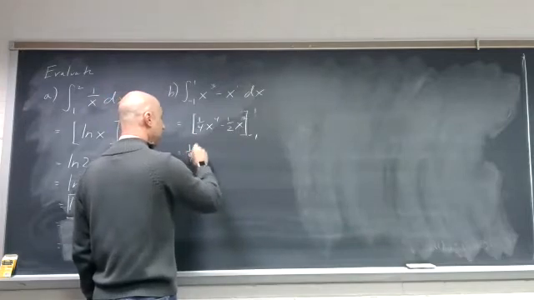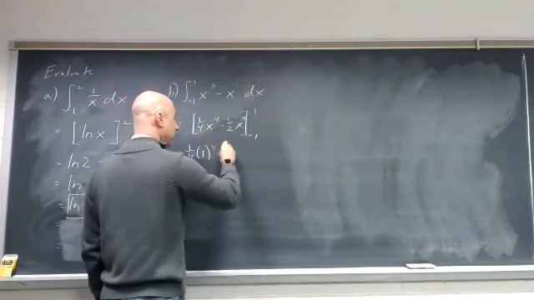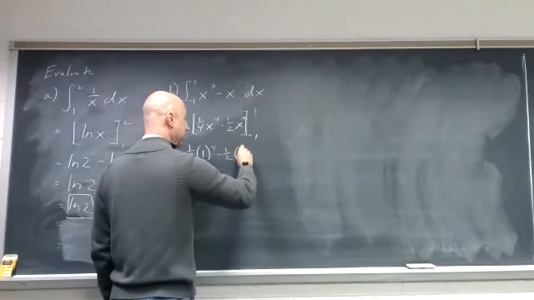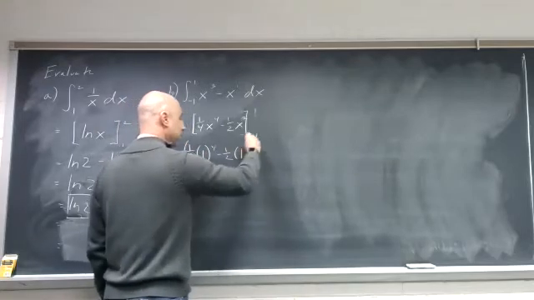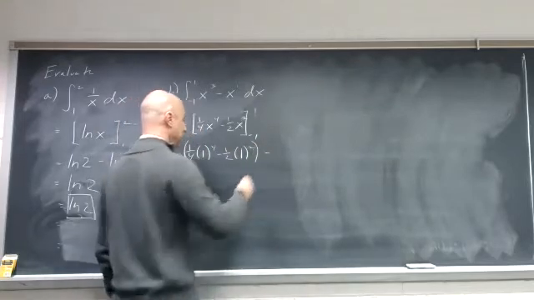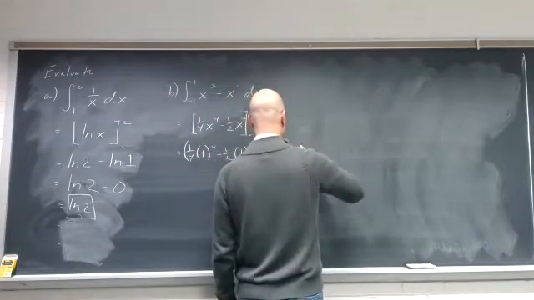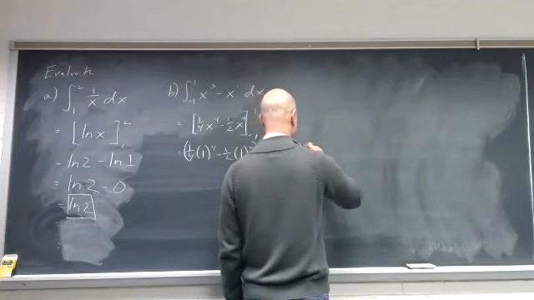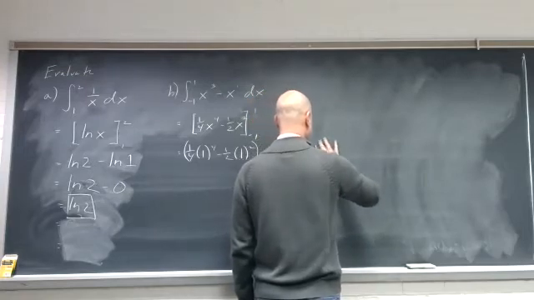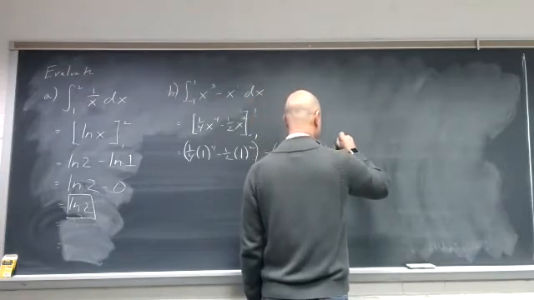So 1/4 times 1 to the 4th minus 1/2 times 1 squared, minus 1/4 times -1 to the 4th minus 1/2 times -1 squared.